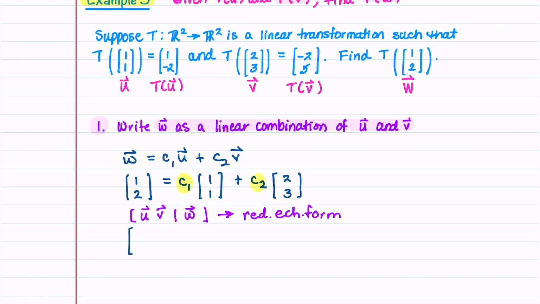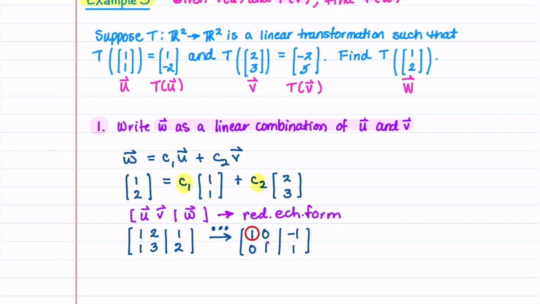Our matrix looks like this. We have (1, 1), (2, 3), and we'll augment that with our vector w, (1, 2). I'm going to skip the steps. It's actually only one step that I'm skipping. And here's what we end up with. Our matrix looks like 1, 0, 0, 1, and on the right-hand side, we have a -1 and 1.